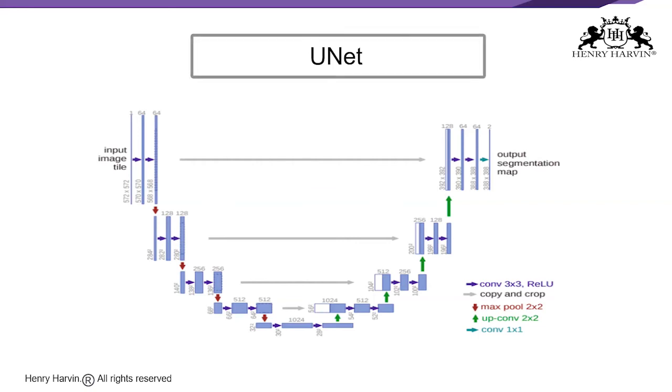But Long et al., in the FCN paper, reported that data augmentation did not result in a noticeable improvement in performance. Ronneberger et al. said that it's a key concept for learning, and it appears as if the usefulness of data augmentation depends on the problem domain. So now let us have an overview of U-Net variants.